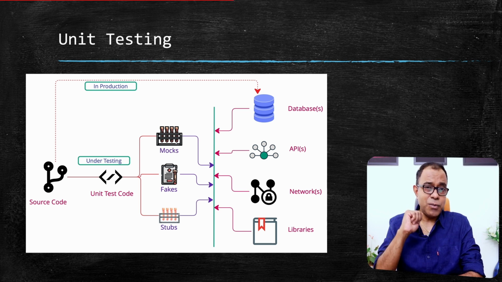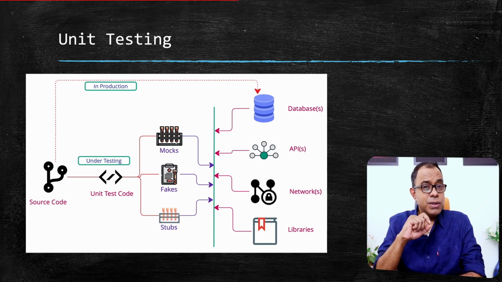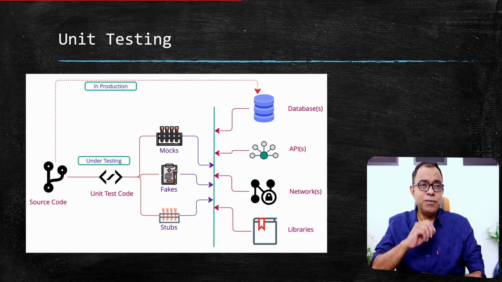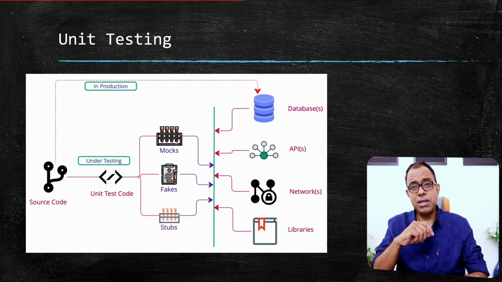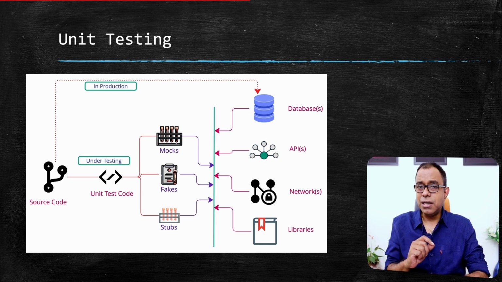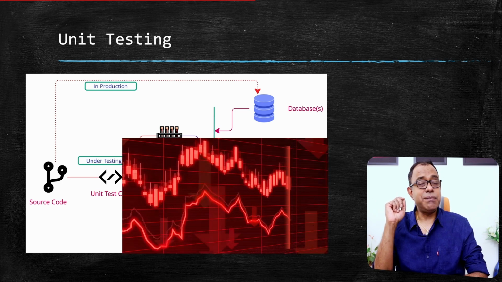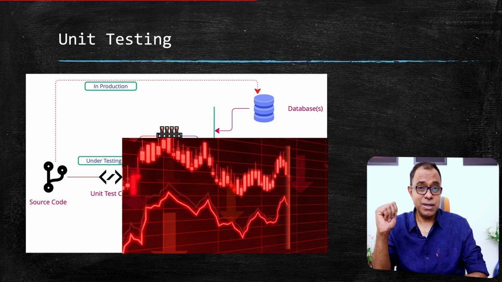But using mocks, fakes, and stubs, we can do unit testing by connecting to a mocking entity, faking entity, and stubbing entity, which will behave pretty much similar to what the actual system will do. But there are some differences between these three, which we are going to look into. But the idea is that when you are testing, you don't need to connect to real-world APIs all the time because it might be costly, and any problem that might happen may cause a major outage.